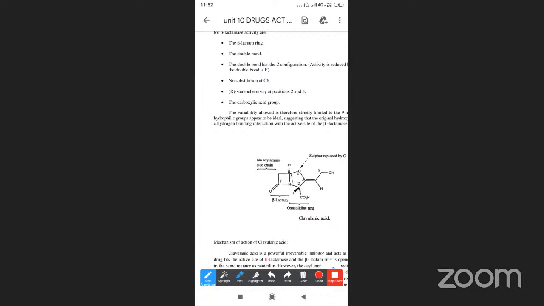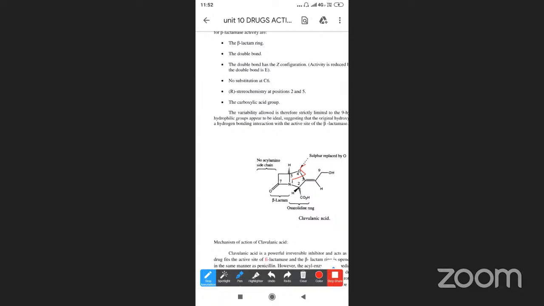The next modification: the carboxylic acid group is there in both cases, penicillin and clavulanic acid. And you can see in the penicillin the apex atom is a sulfur, isn't it? We are comparing both the structures, penicillin and clavulanic acid: what modifications are done in the clavulanic acid, and what features are there in the penicillin.